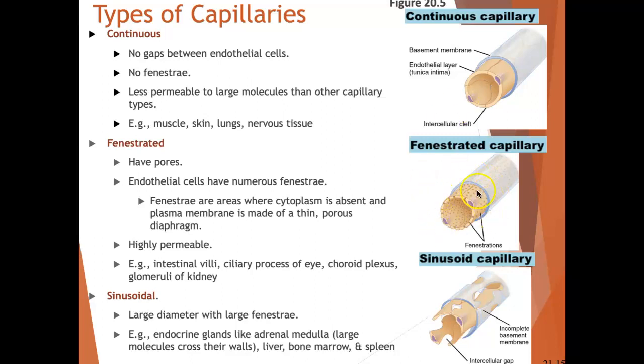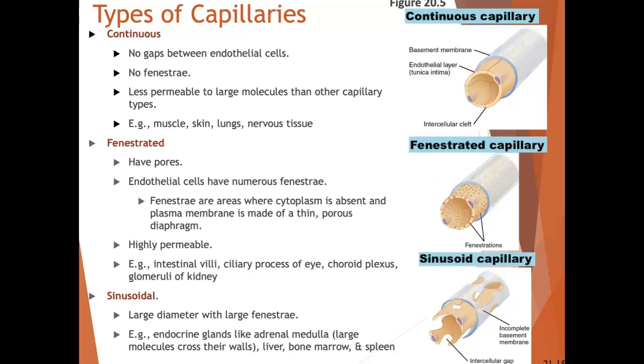Then we've got our fenestrated capillary. You can see all the little fenestrations in here. They are basically pores, and we've got a lot of them. And we're going to see these where the cytoplasm is absent and the plasma membrane is made thin so that the tissue between them can create a porous diaphragm, and I think this is better illustrated in the next slide.